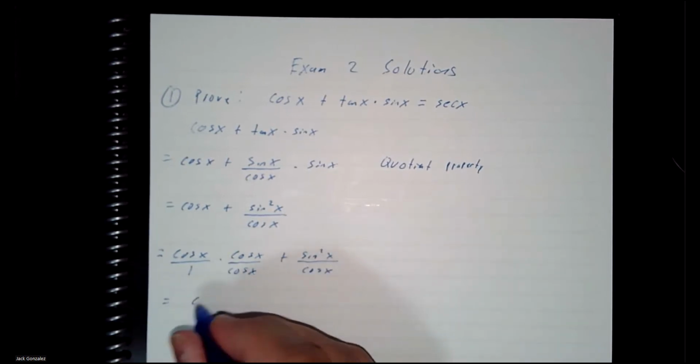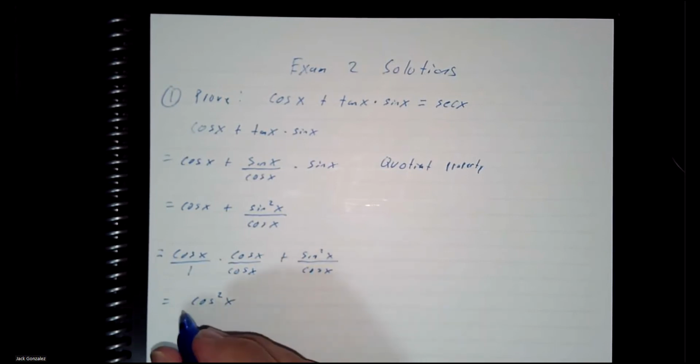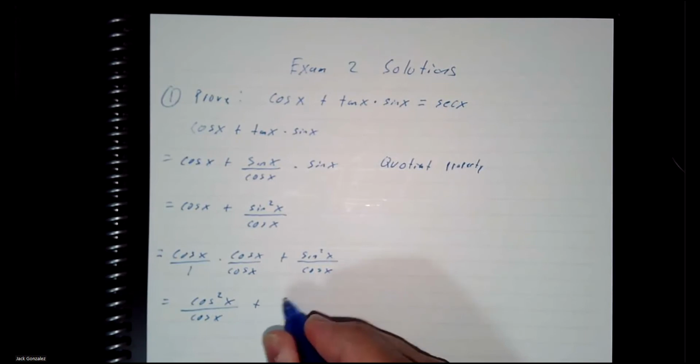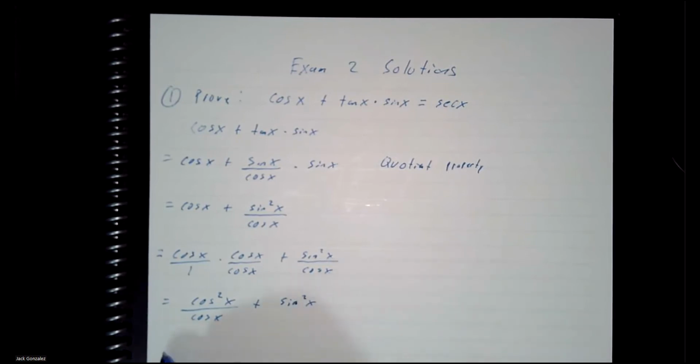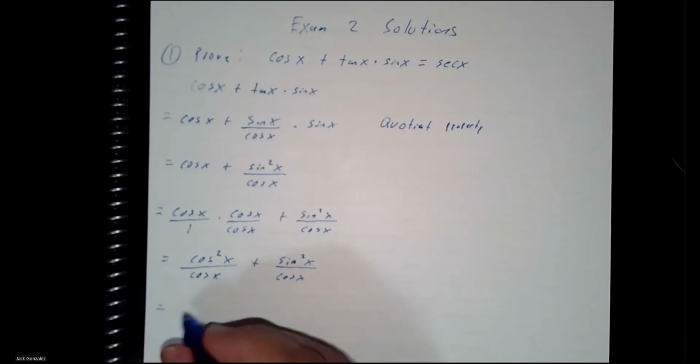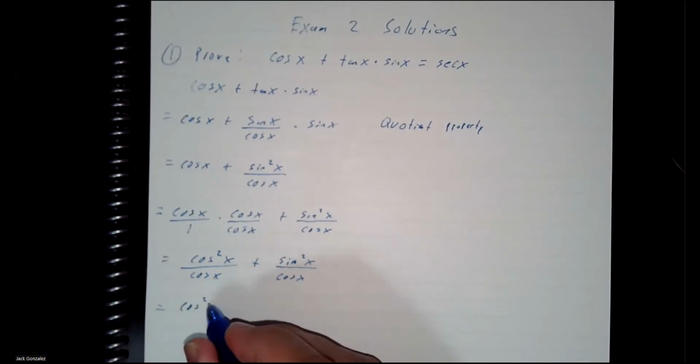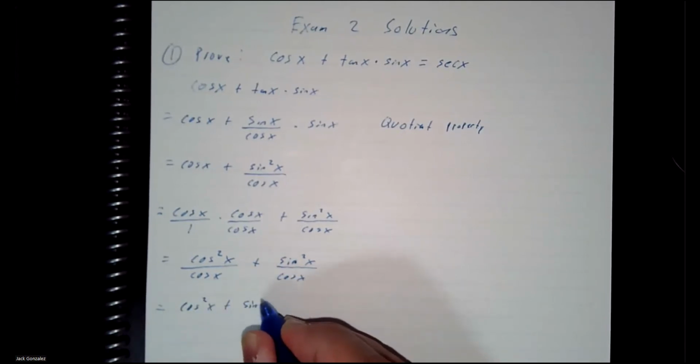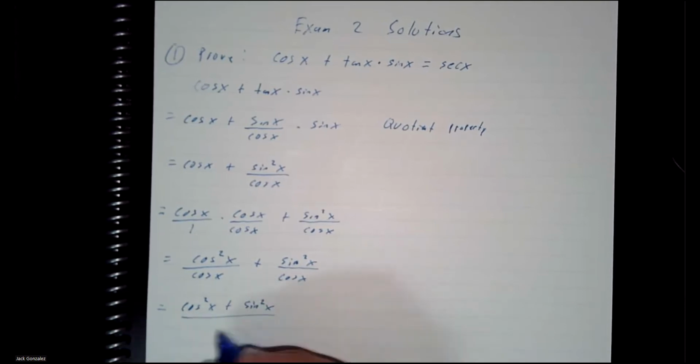So this will become cosine squared over cosine plus sine. Now they have the same denominator, so you can add them together. So this will become cosine squared plus sine squared over cosine.